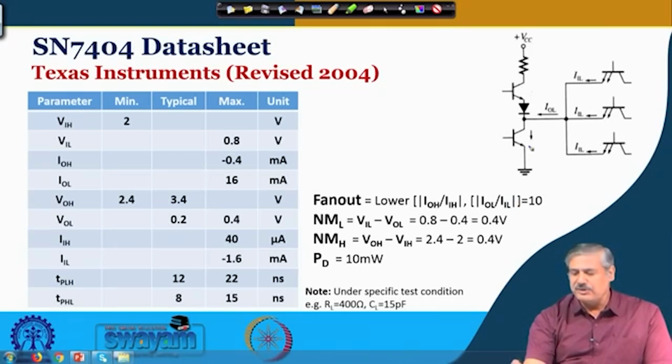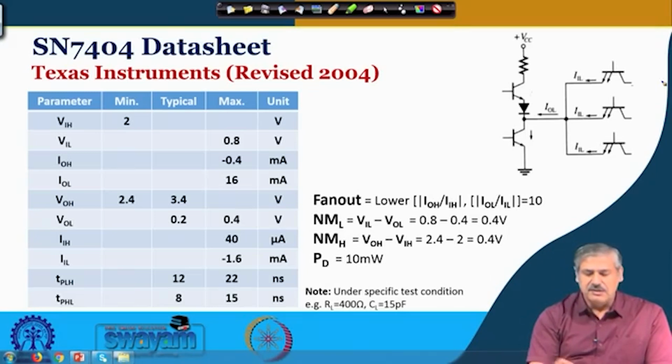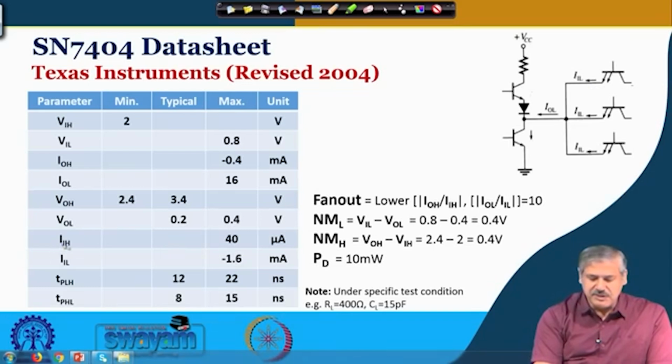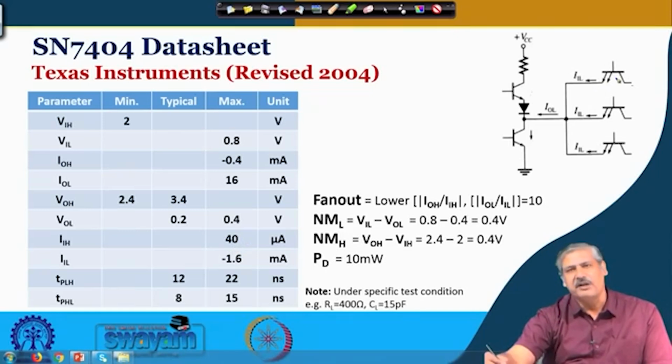The other case happens when this is off and this is on and the current is driven in this direction, in inverse mode. At that time the current at the load side, that is IIH, is of the order of 40 microampere. The current going when this transistor is operating in inverse mode is beta IB of T4.